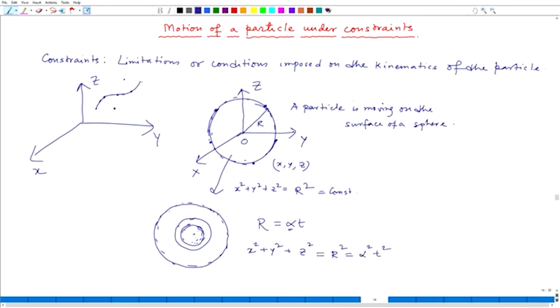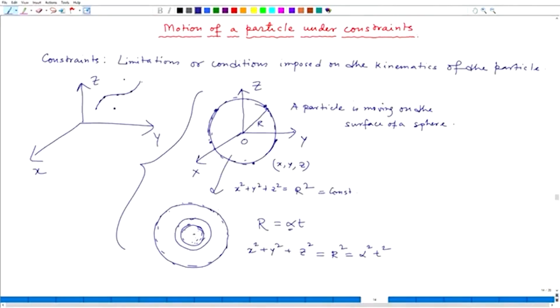I can make a little modification in this whole set of examples with the sphere. I now want a particle to move exactly inside the sphere, but without touching the surface of the sphere.